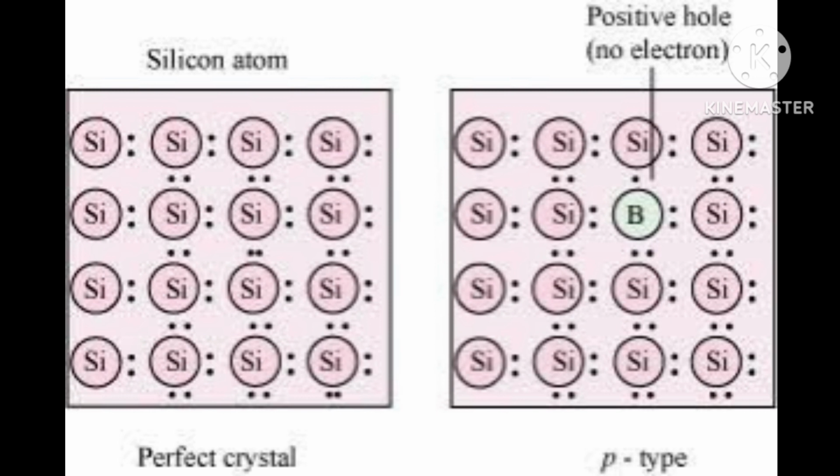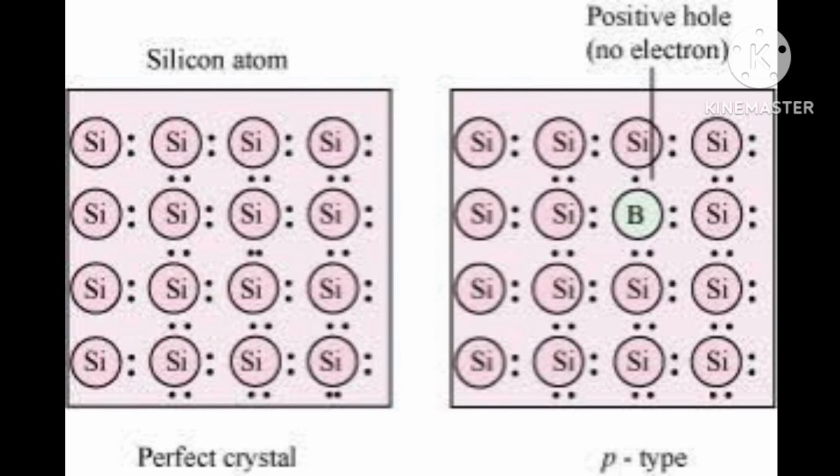But it would appear as if electron holes are positively charged and are moving towards a negatively charged plate. This type of semiconductors are called p-type semiconductors.